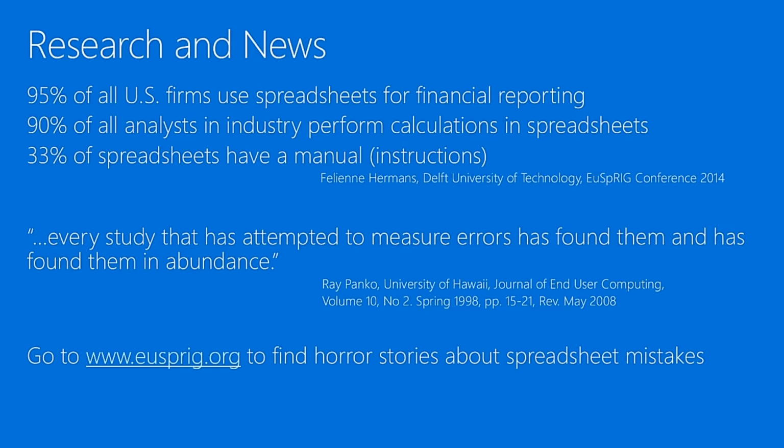Well, yeah, that's what spreadsheets are for, right? And then the last one is really a deficiency, right? In this research, and I've talked to Feline who did this research, she said she was very generous on what she considered documentation or a manual for these spreadsheets. If they had even 1 page of notes about a spreadsheet, she counted that, and she came up with 33% have documentation, which is pretty poor.